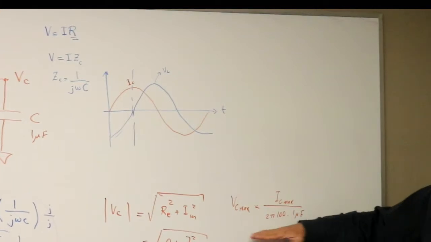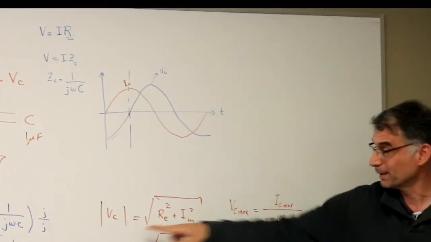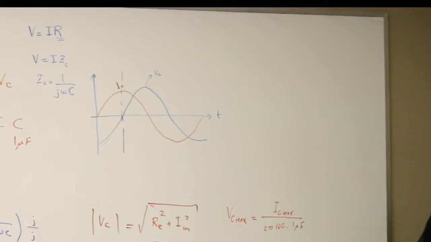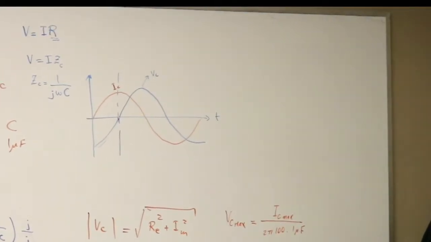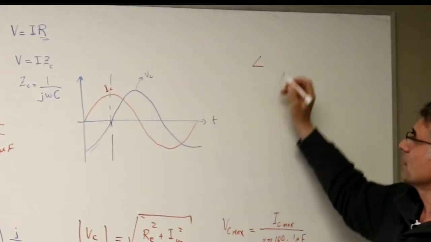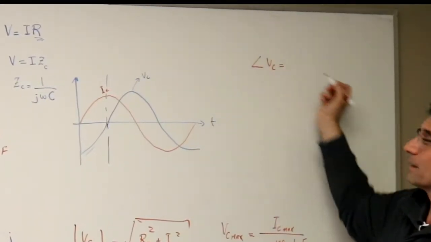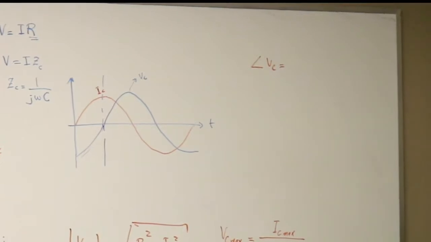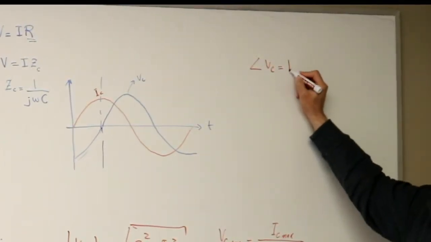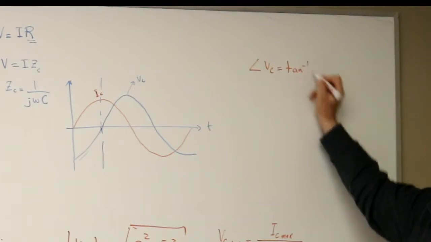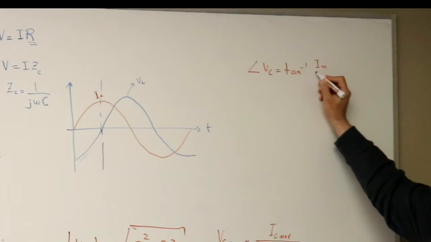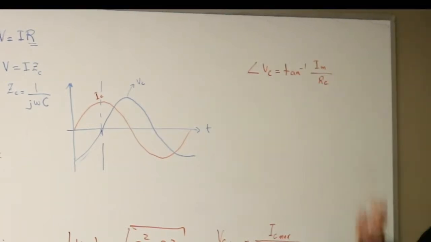So we looked at the amplitude. This is what it is. Now let's look at the phase. How do we find the phase of a complex number? So the phase of VC, do you guys remember the phase of a complex number? It was the inverse tangent of the imaginary part over the real part.